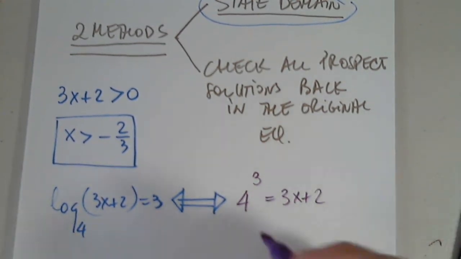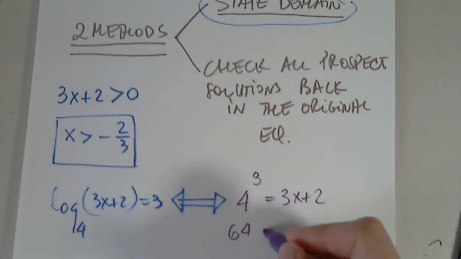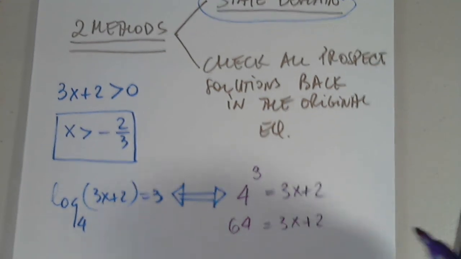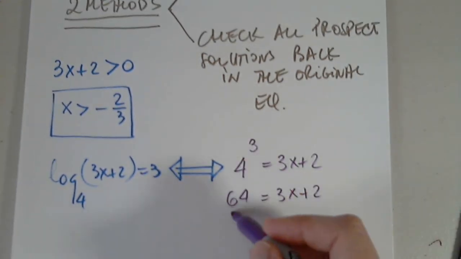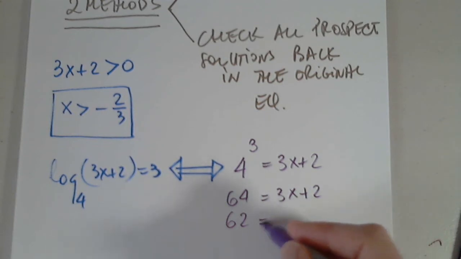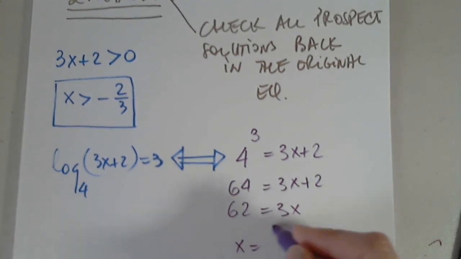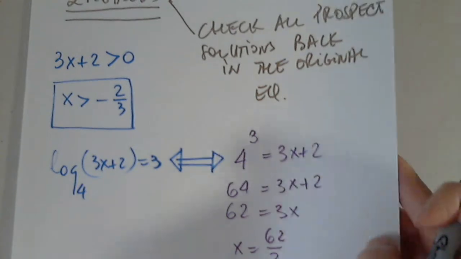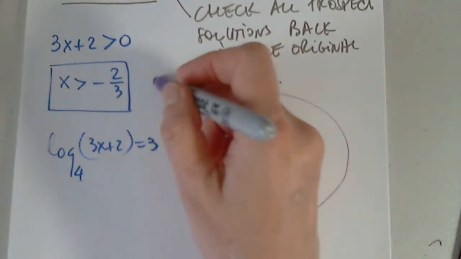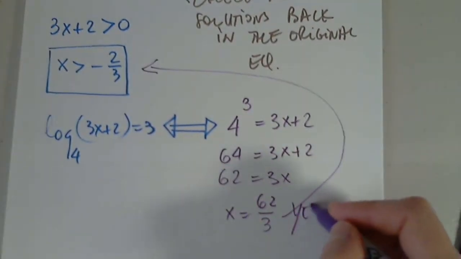Now this is linear. 4 to the third is 64. And this is 3x plus 2. I have to subtract 2. I get 62 equals 3x. So x equals 62 over 3. Is this a number greater than negative 2/3? Yes.